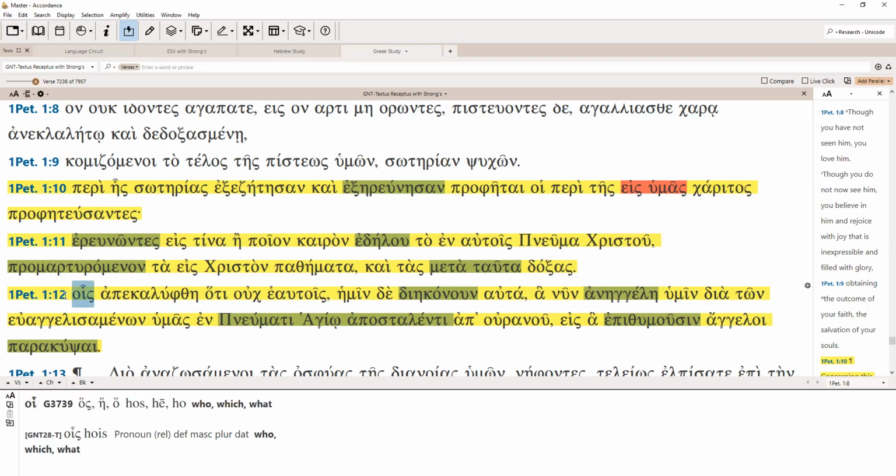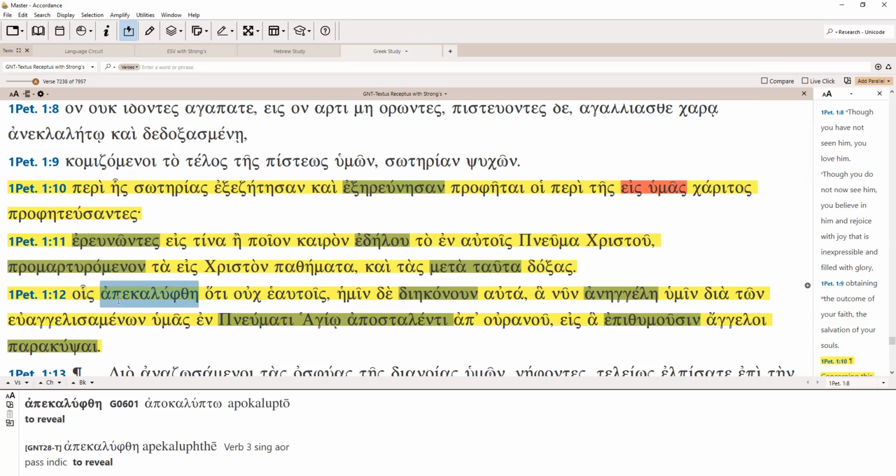And then we go to verse 12. Hois apekalyphthe, to whom apekalyphthe is the aorist of apokalypto. In the third person singular has an eta.